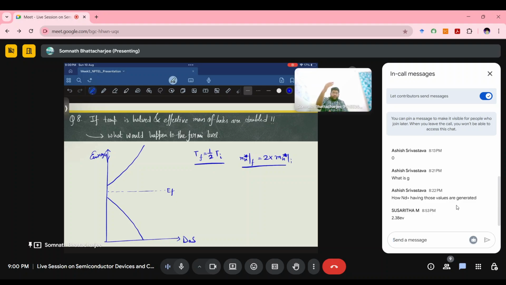Should it go upwards? Should it go downwards? Or based on the effective mass, what will be the changes? Just tell me the basic things, like if we increase the temperature, what will happen? So maybe we'll discuss this out. First, if we decrease the temperature, what happens?